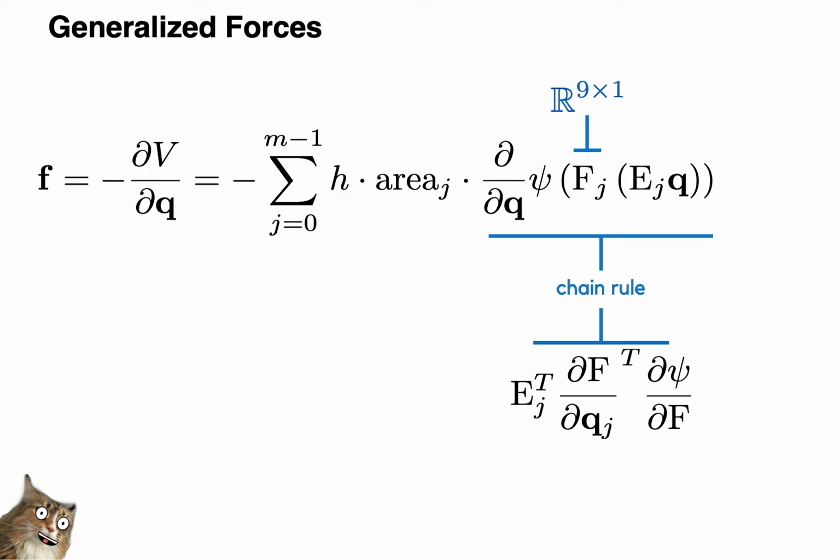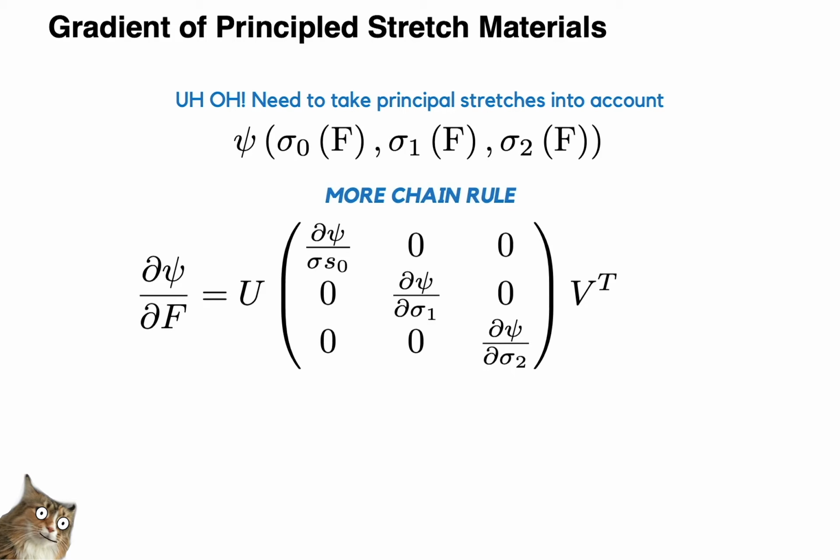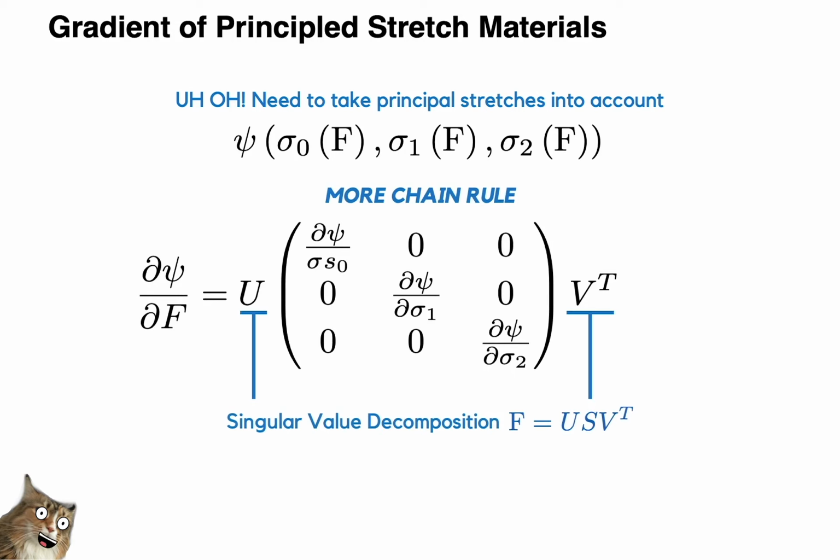Sadly, there are a couple of wrinkles in our specific case of cloth simulation when using principal stretches. Remember that our strain energy density function psi is a function of F via the principal stretches, and these are the singular values of F. This means that we have to perform one more chain rule to arrive at the gradient of psi with respect to F. Here the additional terms come from the singular value decomposition of the deformation gradient.